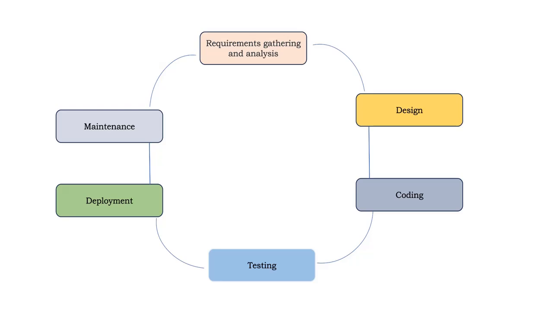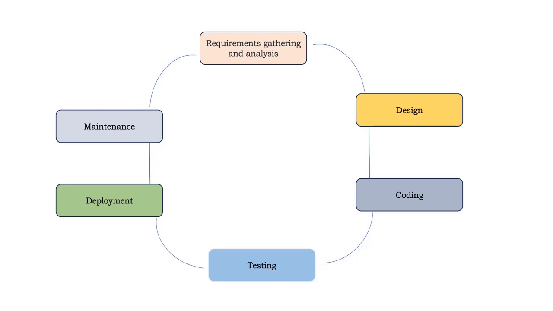You can imagine it as a framework for managing the software development process because it helps ensure that all necessary steps are taken so that the final product meets the requirements. So this is the whole journey of the software.